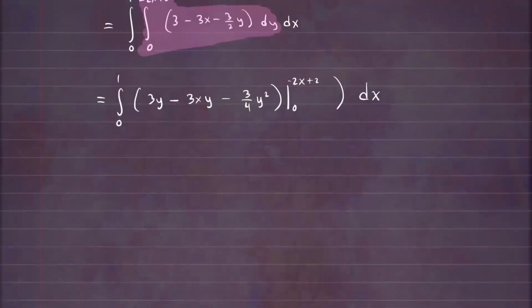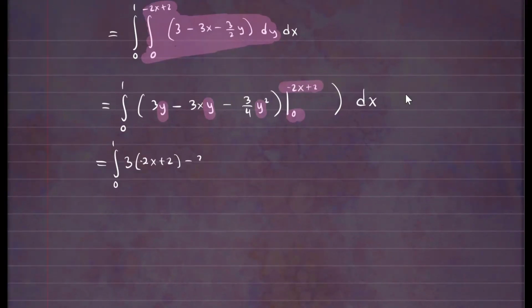So we substitute the upper limit and the lower limit in place of y. We have the integral from 0 to 1. Let's plug in the upper limit first. We have 3 times negative 2x plus 2, minus 3x times negative 2x plus 2, minus 3/4 times negative 2x plus 2 squared. When you plug in 0, you're going to get 0. So dx. This is what our integrand looks like.